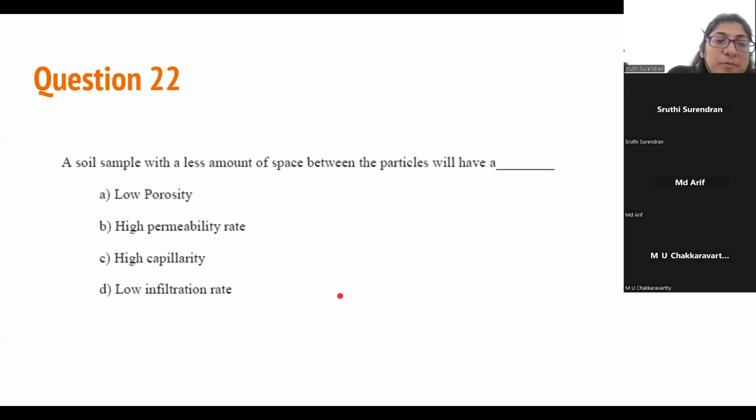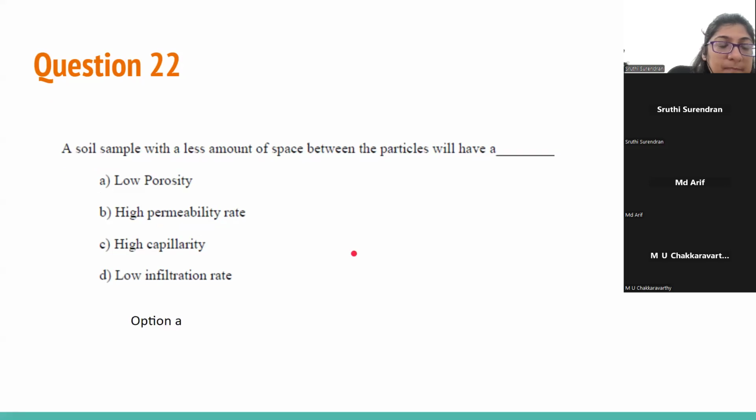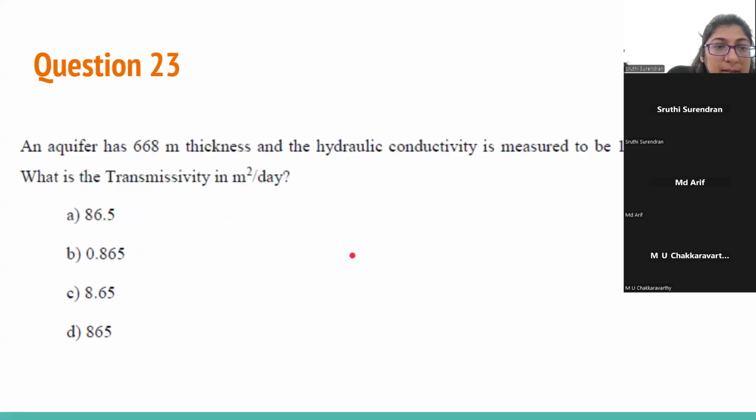So the correct answer is option A, low porosity. More number of pores, more porosity; less amount of pores, which is basically space, less porosity. So the correct answer is option A.